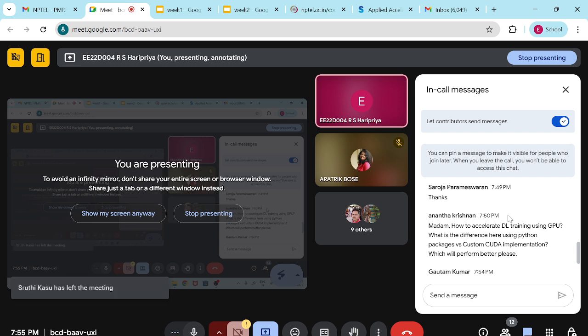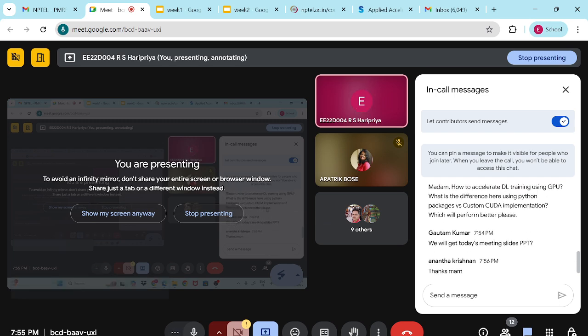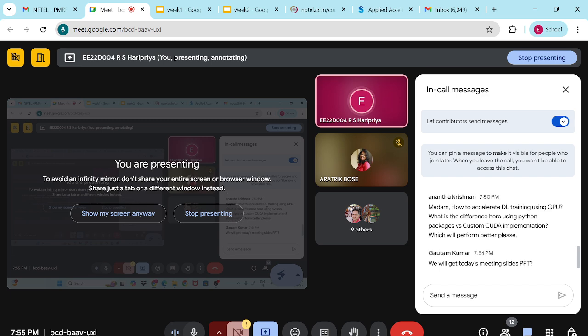And then let me brief with this question. How to accelerate DL training using GPU?